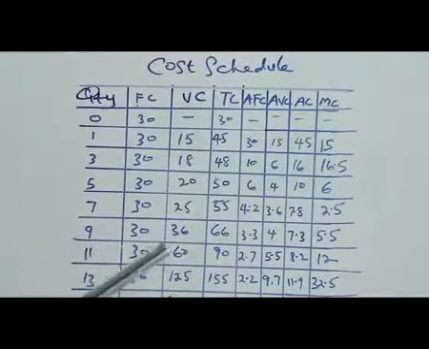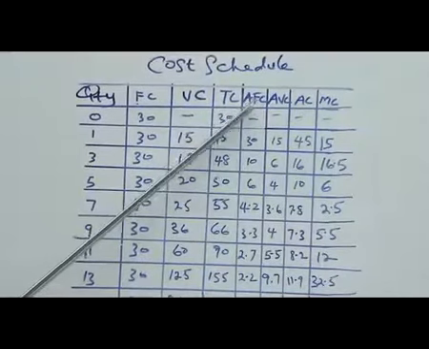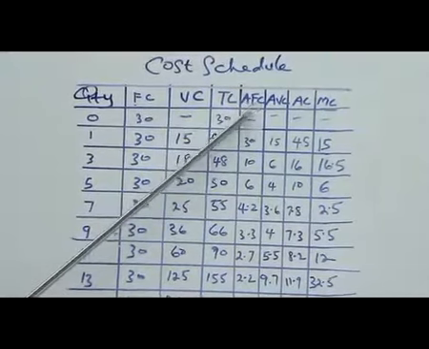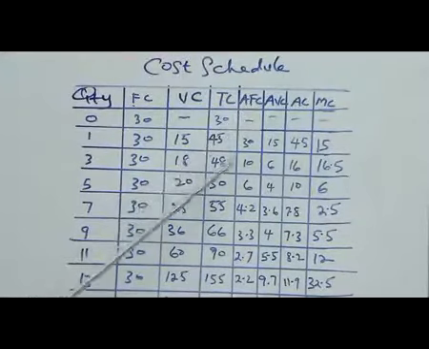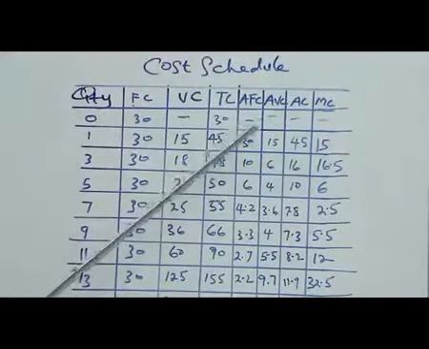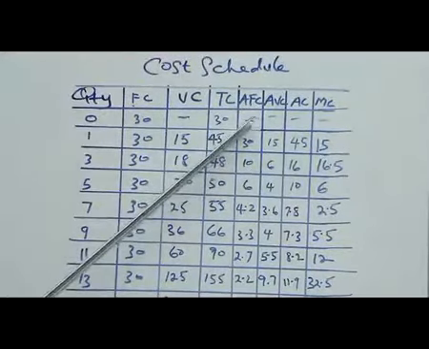Now let's go to the next one that we call AFC. AFC implies average fixed cost. For a 0 unit, we have nothing there because average fixed cost will be total fixed cost divided by quantity produced. When a unit is produced, the fixed cost is 30, the average is 30. When 3 units are produced, the fixed cost is 30, the average fixed cost is 10.